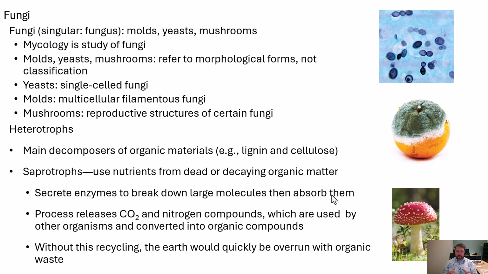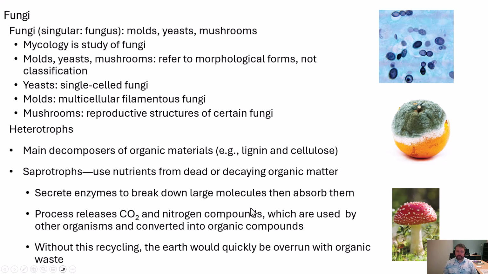The saprotrophs are the group of fungi that tends to decompose or break down dead or decaying material, so leaves and carcasses of organisms, this kind of stuff. This is the food source for the saprotrophs.